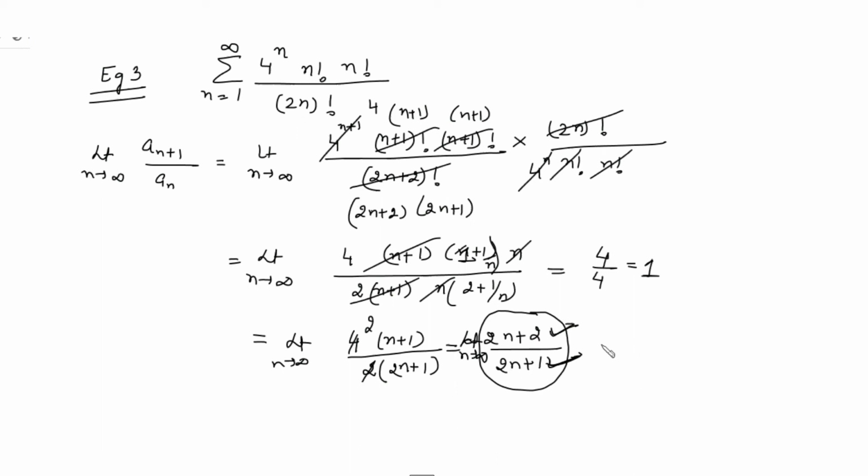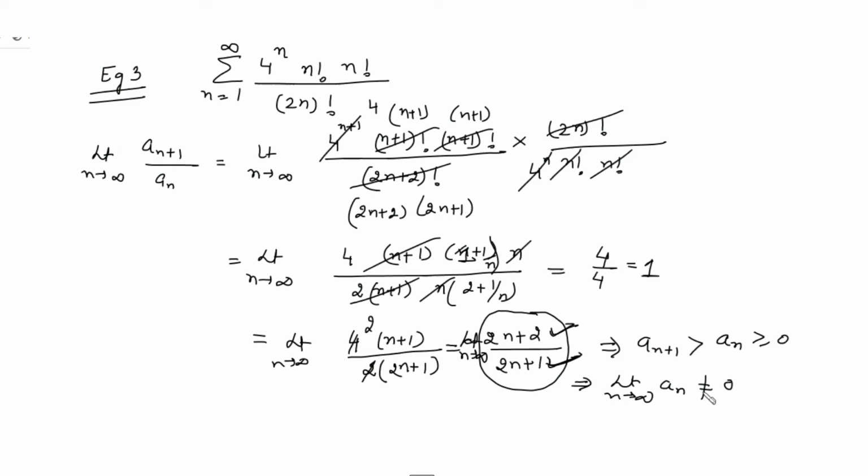So this implies that your (n+1)th term is greater than the nth term, and all these terms are positive also. Since our sequence is increasing, this implies that the limit of the nth term is not 0, right? The limit of the nth term is not approaching 0.